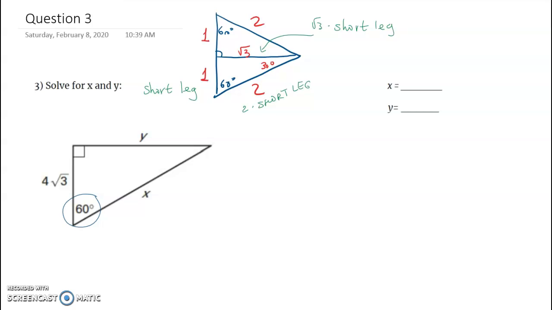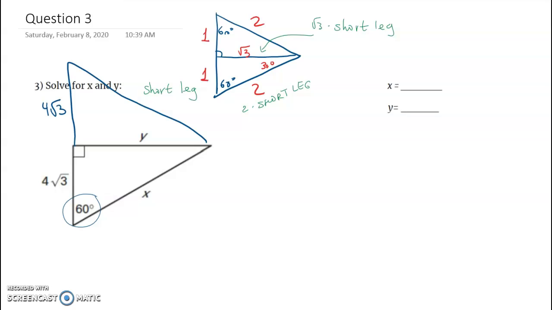Okay. So anyways, the first thing I'm going to do is I'm going to actually use Pythagorean theorem. So I'm going to imagine extending my triangle. And I'm going to recognize that this is also 4 root 3. And this is an isosceles triangle, the whole thing.